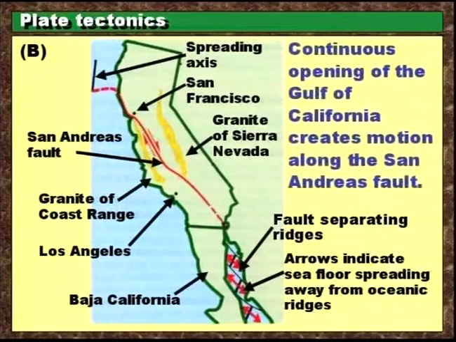Okay, it goes on to tell us that Los Angeles is slowly moving towards San Francisco. So if we can make reference now to our map, Los Angeles is here, San Francisco is here. Here it is telling us that Los Angeles is slowly moving towards San Francisco. See the fault line. It runs here.